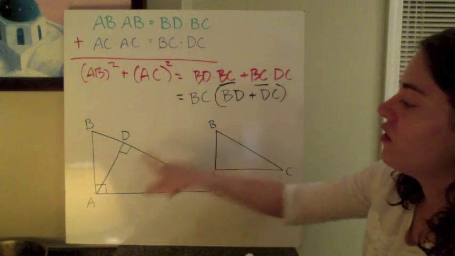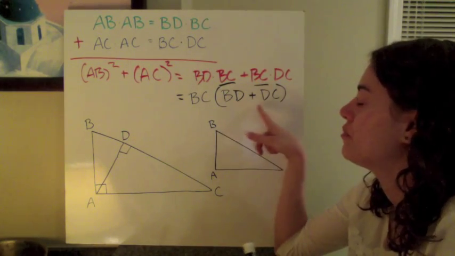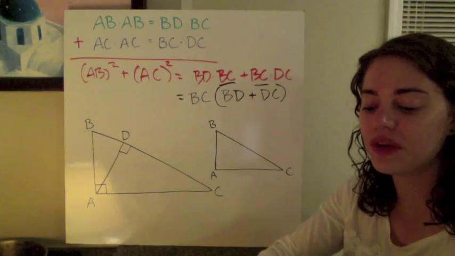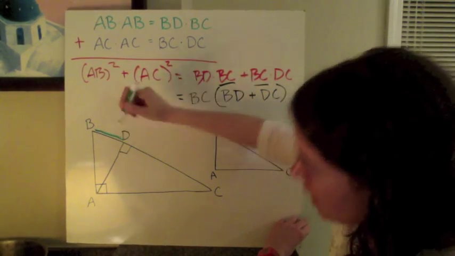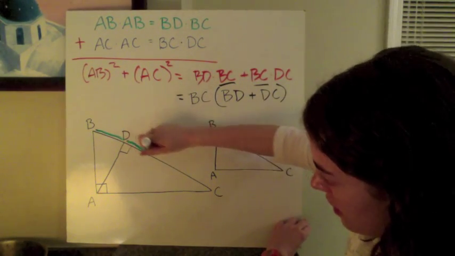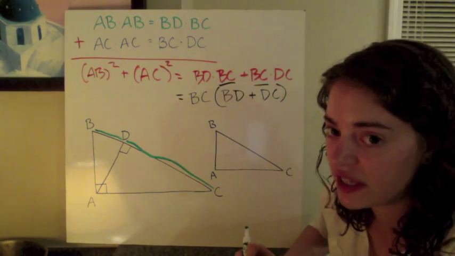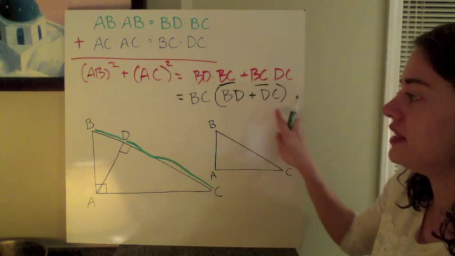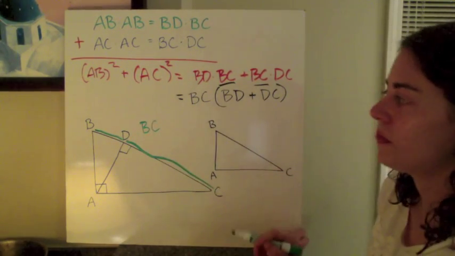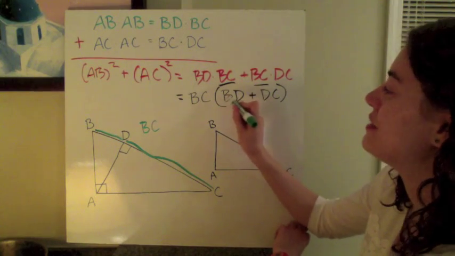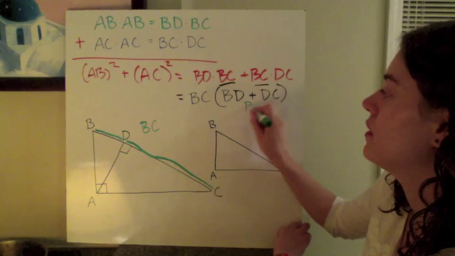Next, I can see, looking back at our original figure here, what is BD plus DC? You'll notice here that BD is this length here, DC is this length here, and by the segment addition postulate, BD plus DC is going to be equal to BC. So now I can replace BD plus DC with BC.